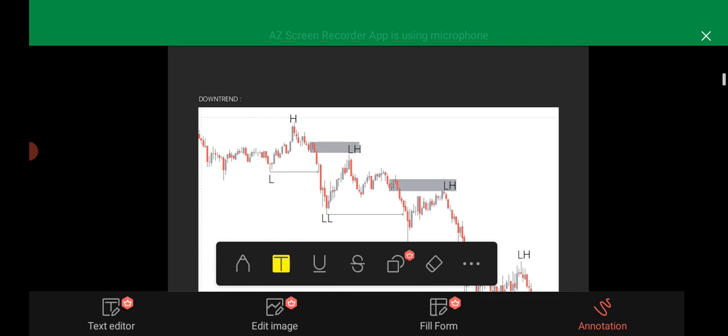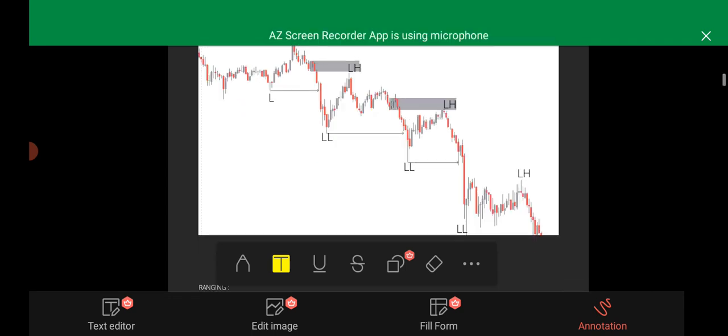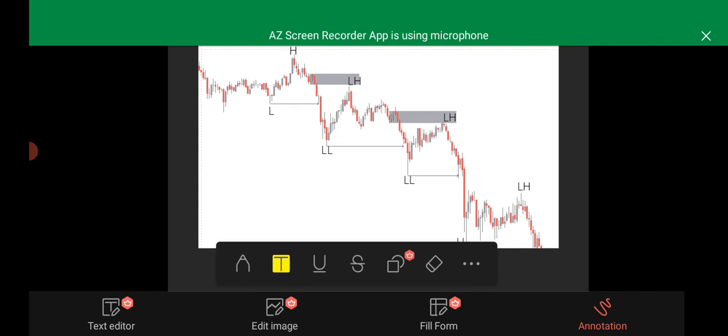When we are in a downtrend, we see the market creating a series of lower highs and lower lows. This is what you can see in this chart here. This is a structure.